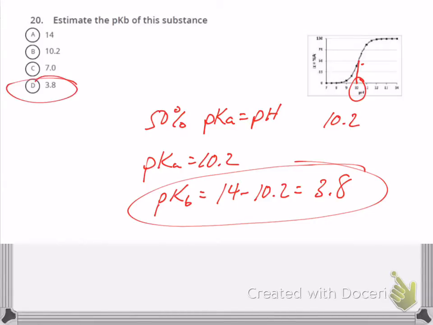That should give us D. So just keep in mind these graphs, really important, the relationship between pKa, pH, and pKb. All right, so good luck, everyone.